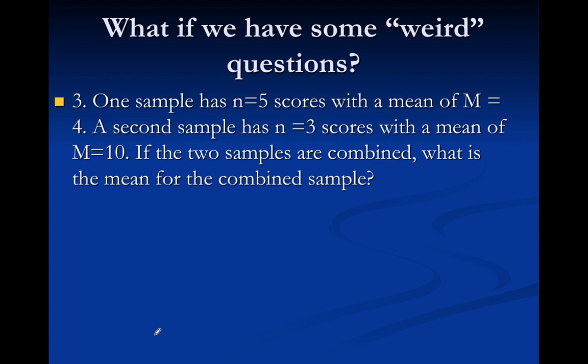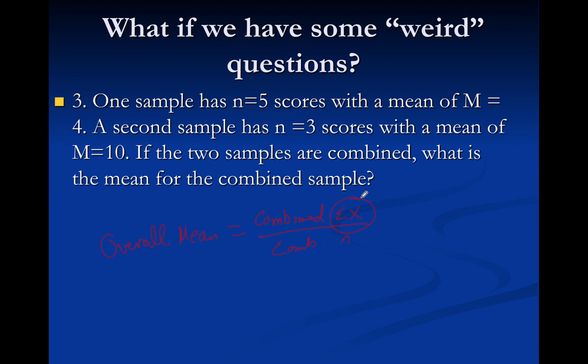Since we don't know what the sum of x is, remember our overall mean, which it's asking us to calculate, is the combined sum of x divided by the combined sample size. I need to know what my combined sum of x is.